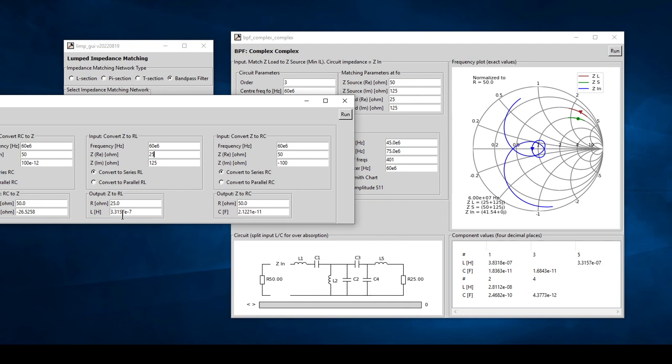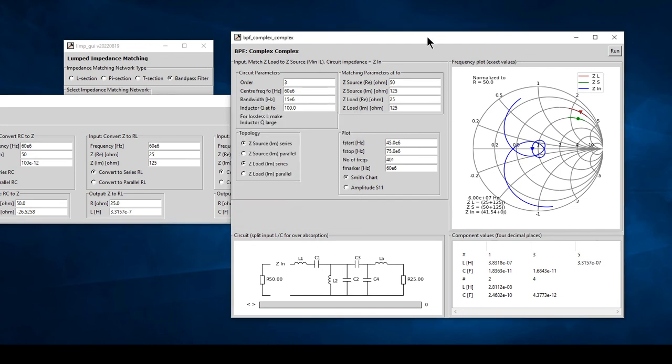So in this case we have an equivalent load circuit with an inductor of 331 nanohenry, and we see that for L5 we also have 331 nanohenry. So that's the exact absorption. Okay, we can also then get the case where we have absorption on both sides. So let's make 25-25.